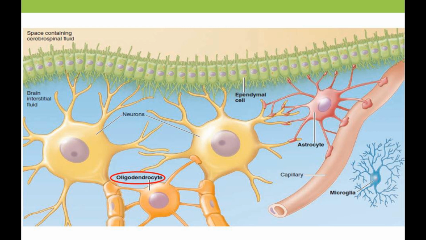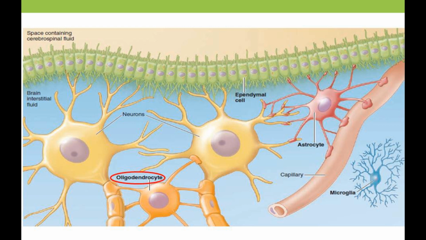Second is the oligodendrocytes, and in this figure you can find the differences between an oligodendrocyte and an astrocyte. The astrocyte has several projections at the outset. The oligodendrocytes also look the same, but the astrocytes have a connection to all the different cells. They have a connection to the neurons, to the ependymal cells, and to the capillaries.